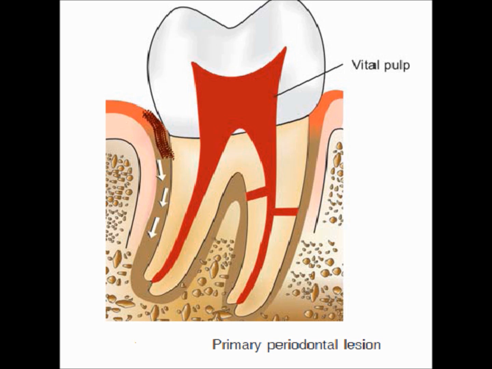Osseous lesions of periodontal origin are usually associated with tooth mobility, and the affected teeth respond positively to pulp testing. The bony lesion is usually more widespread and generalized than lesions of endodontic origin.